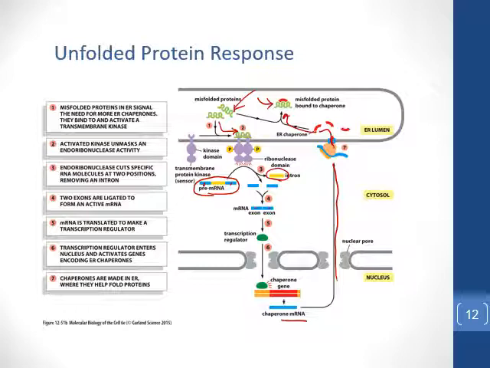ATF6 has a pre-existing transcription factor that just gets released from the Golgi membrane, whereas in this case, we've got an unspliced mRNA that can only get translated once it's spliced. So you've got IRE1 on the one hand, ATF6 on the other hand, responsible for making more chaperones, and you've got PERK, which is responsible for reducing the load of proteins in the ER.